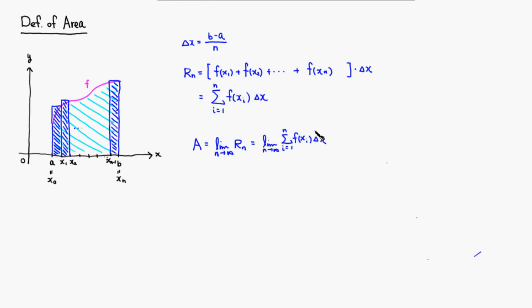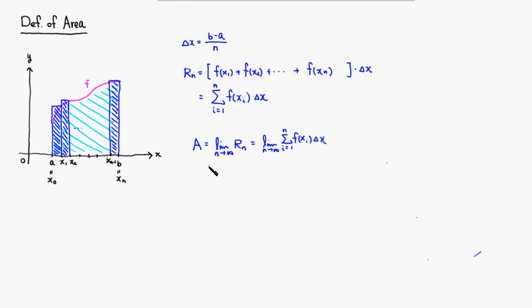It really doesn't matter if you use the right sum, the left sum, or even a midpoint sum. The limit is going to be exactly the same because you make the approximating rectangles very, very skinny. So it really doesn't matter which point you use to determine the height of each rectangle.